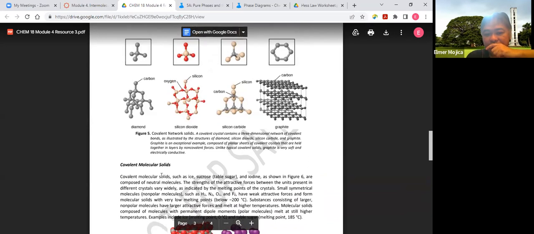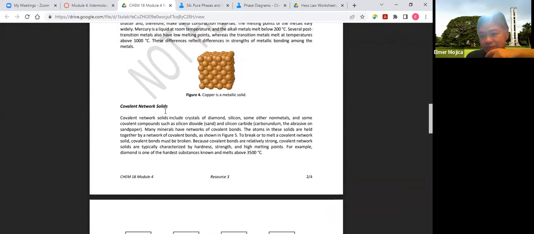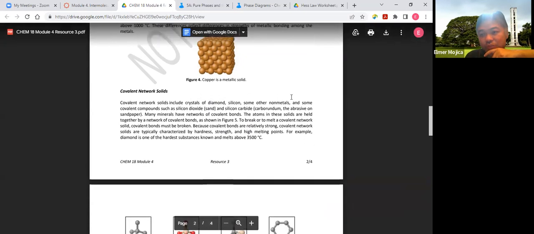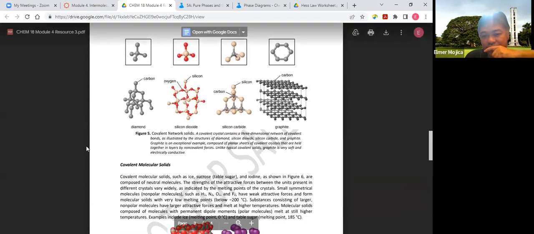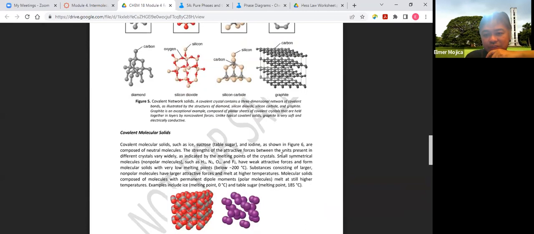So, anong pagkakaiba yung covalent molecular solid doon sa covalent network solid? So, usually network solid is intramolecular bond, covalent bond. In covalent molecular solids, ang nag-hold sa kanila together ay yung tinatawag nating IMFA, intermolecular forces of attraction.